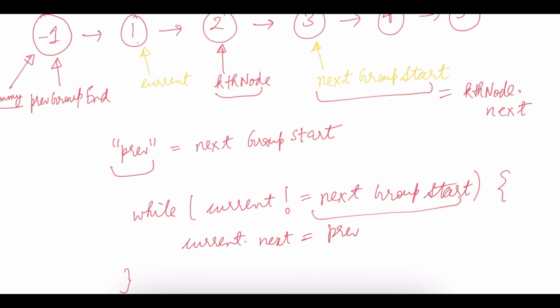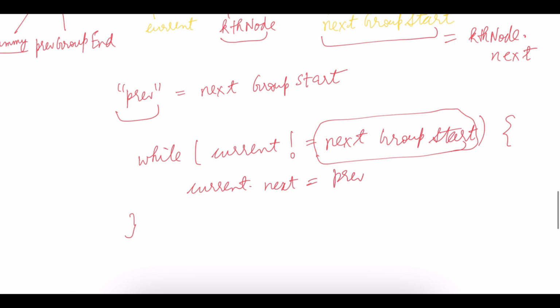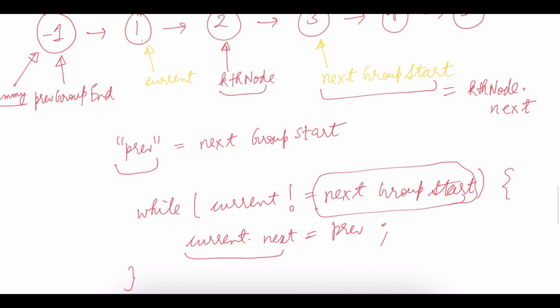So that is why we have to keep going till the start of the next group. And once we do that, we have to save. As we are updating our current dot next, we have to save current dot next first. So let me create another variable called next, and I can save it in current dot next.